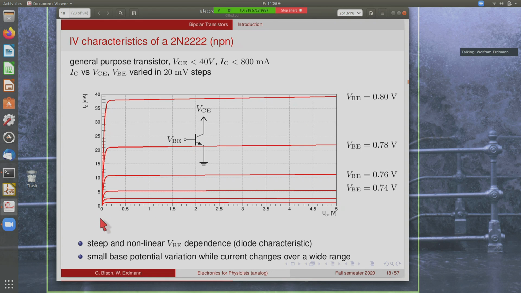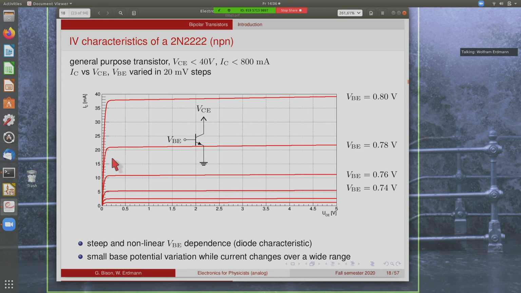So this plot here shows the collector current as a function of the collector emitter voltage, where the base emitter voltage was varied in steps of 20 millivolts. And you see the same curve that we discussed previously. So it rises quickly in the so-called saturation region, and then becomes constant in the linear region.